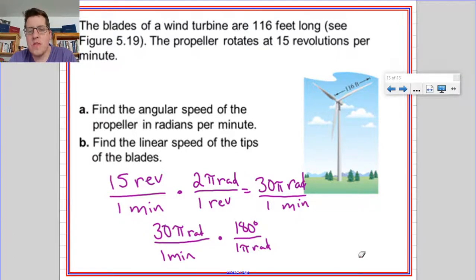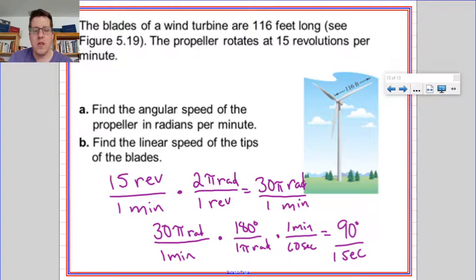So we want degrees to be in the numerator, which we already have, and seconds to be in the denominator. So we would multiply by 1 minute over 60 seconds. The minute on top and the minute on the bottom would cancel each other out, just as the radian on top and the radian on the bottom would cancel each other out. When we do that, we get 90 degrees per second. Those measurements could all be useful to us for different reasons: revolutions per minute, radians per minute, or degrees per second. It depends on the context of the problem.